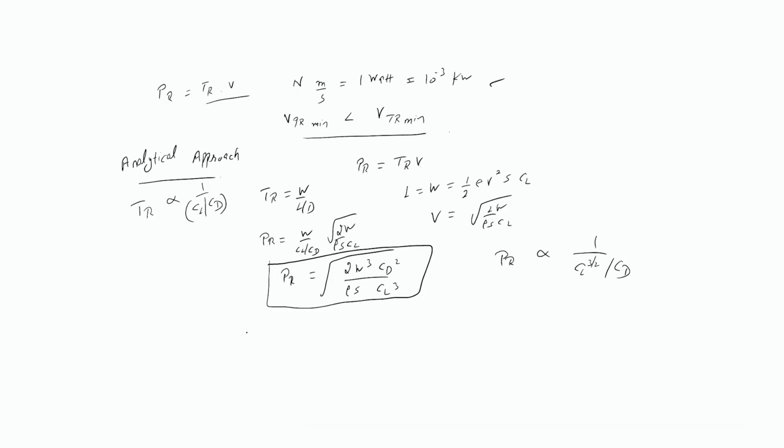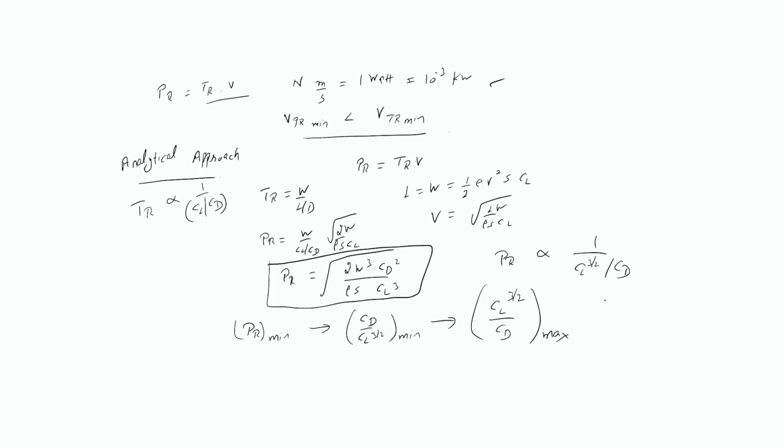So we have been discussing thrust required minimum. Now let us discuss power required minimum. For power required minimum, we need this CD by CL power 3 by 2 to be minimum, or we need CL power 3 by 2 by CD maximum.